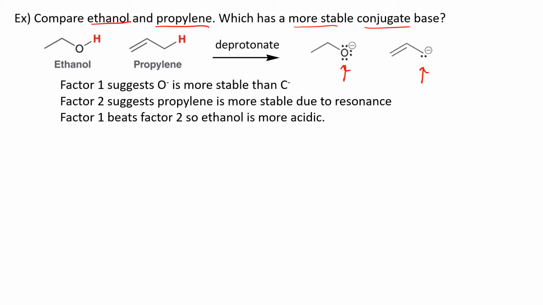So it looks like we can use our atom argument. We have oxygen versus carbon. They're in the same period, so we use electronegativity. So our atom argument: oxygen is more electronegative.